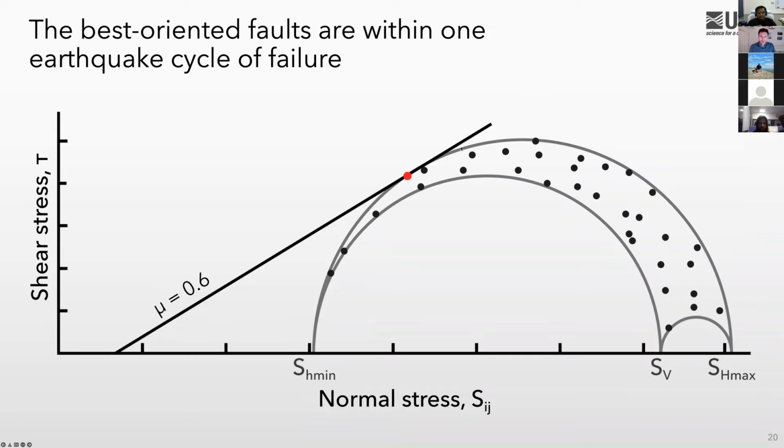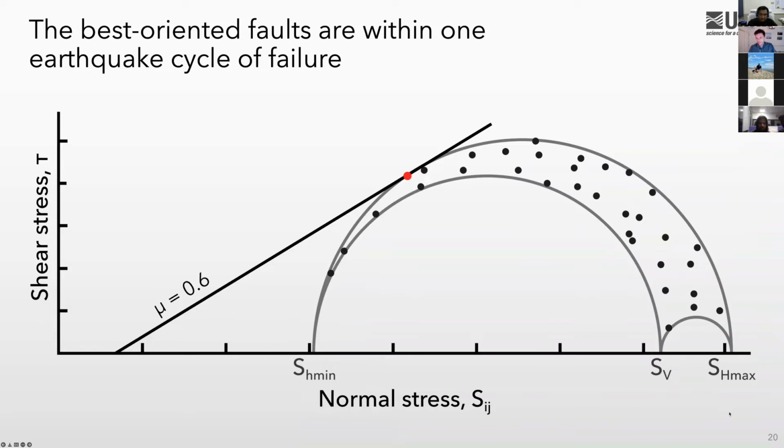That's what's depicted here, where the failure line is this black line. Any one of these dots is a fault of any orientation, shown kind of randomly and schematically here. A Mohr circle, or these Mohr plots, are simply a plot of shear stress as a function of normal stress in a particular state of stress.